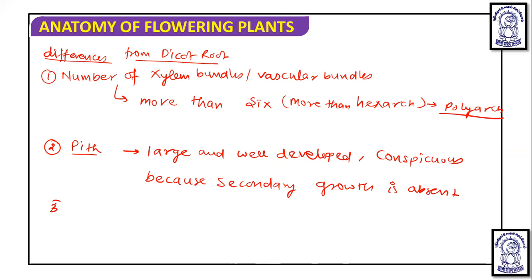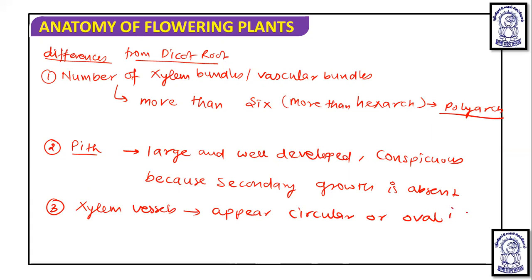Third, xylem vessels appear circular or oval in transverse section.